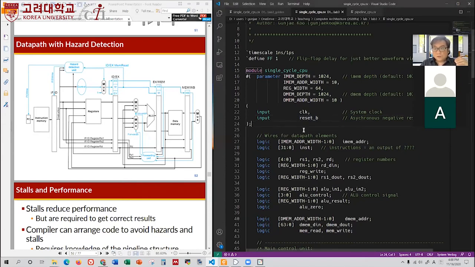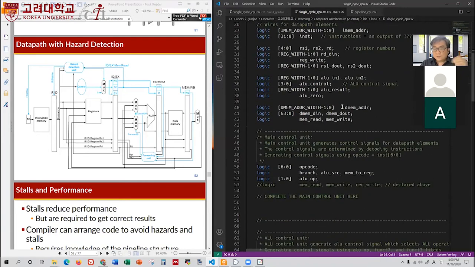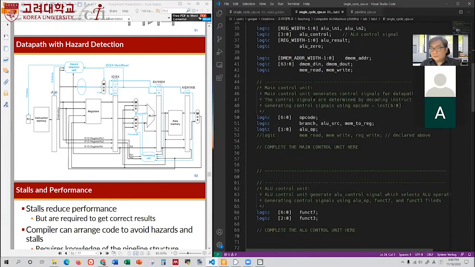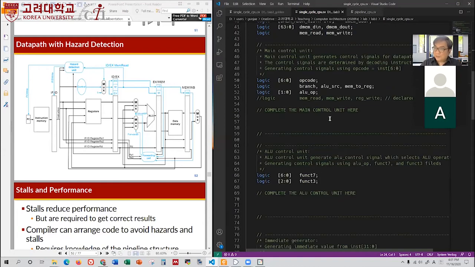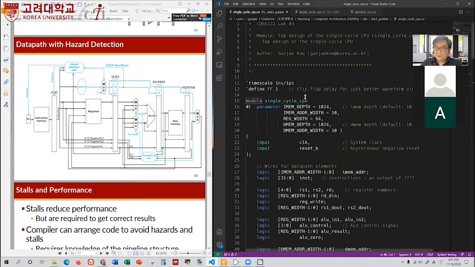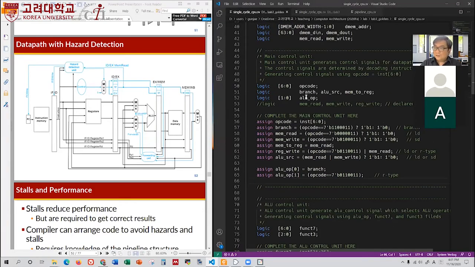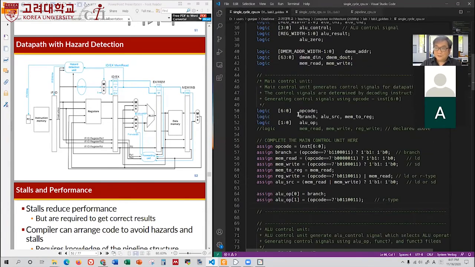So this code is the skeleton code I posted on Blackboard. This is the incomplete single cycle processor design, and this code is the complete design.